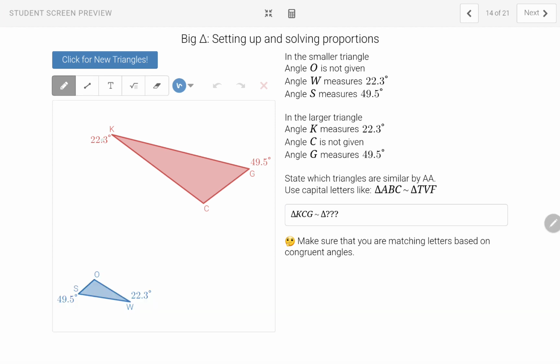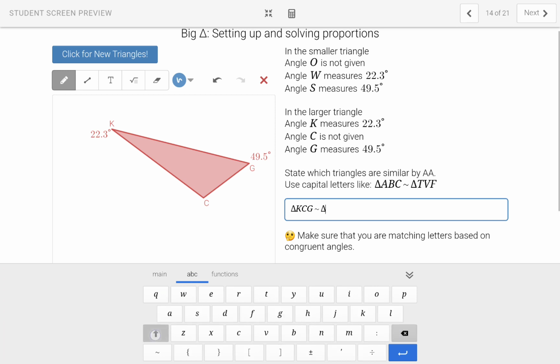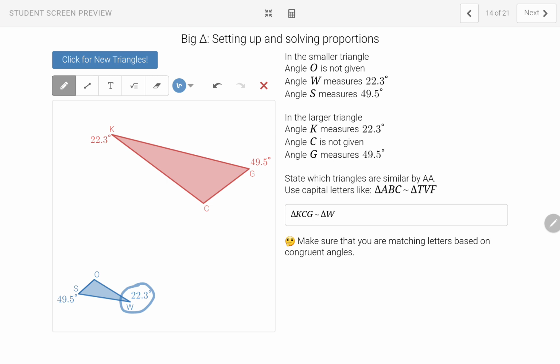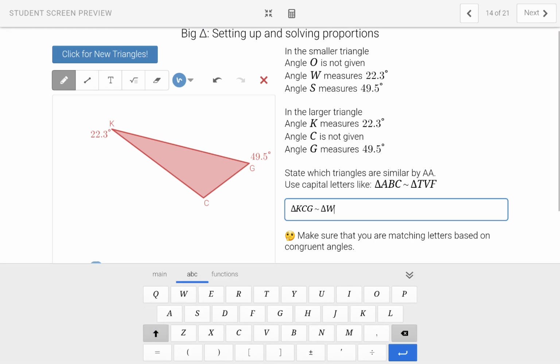So K is 22.3, and the angle in the small triangle that's 22.3 is W. So K and W are lining up. C is the one that didn't have anything, and the one that doesn't have anything over here is O. So O, and then the last letter would be S.